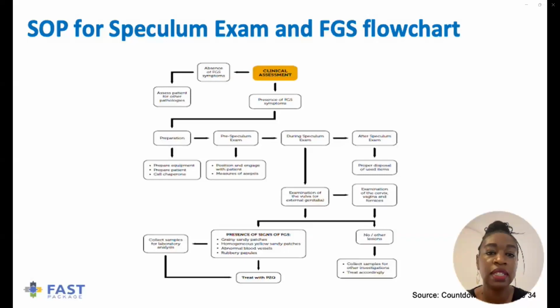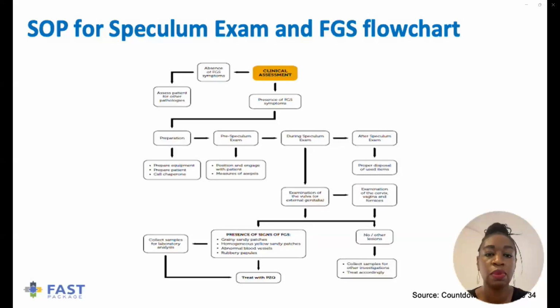It's a stepwise examination of the external and the internal genital tract of what you can see. From the outside, you will come into contact with the introitus. You need to tell us whether the external genitalia is normal or not, looking at the vulva, which contains the labia majora, the labia minora, and the clitoris.